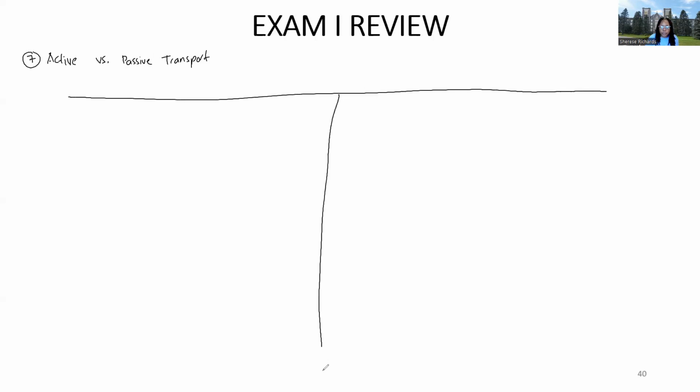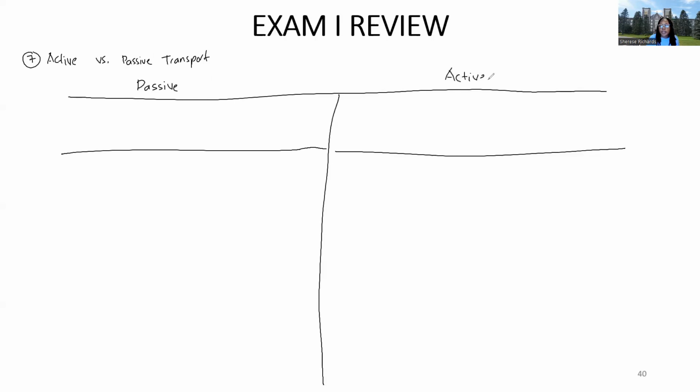So let's look at this in a tabular format. So I'm just gonna hopefully draw some straight lines here. So let's talk about passive over here, and then active on this side.